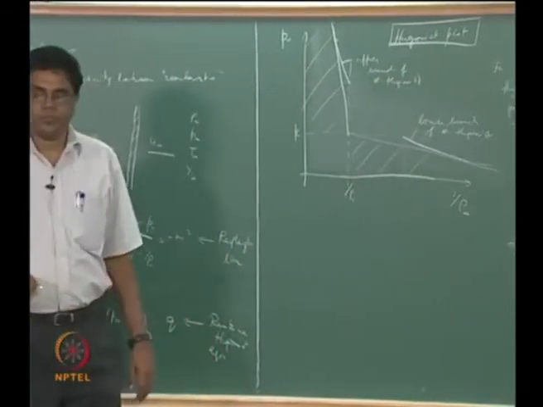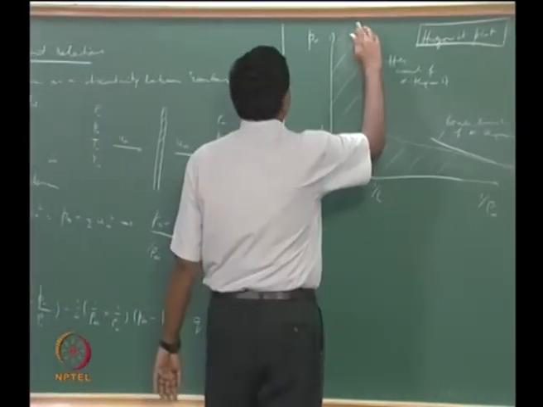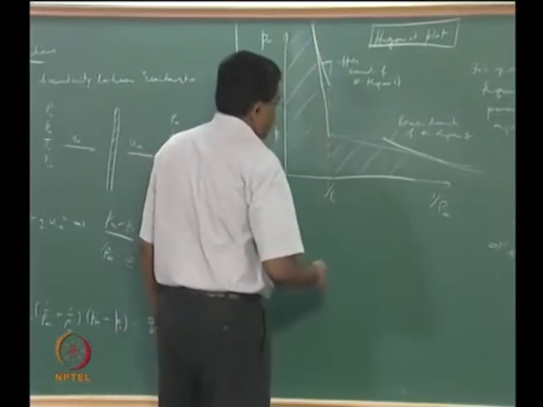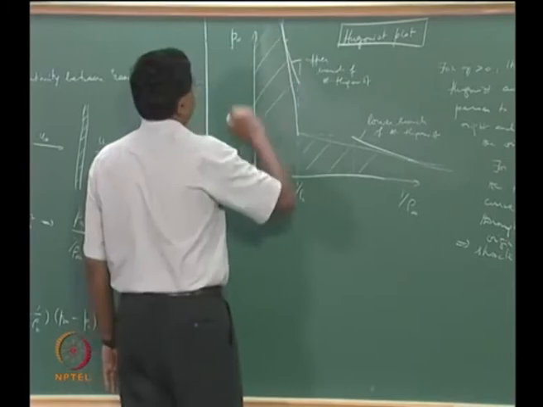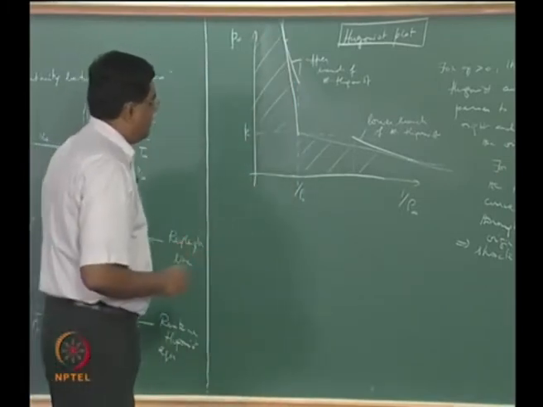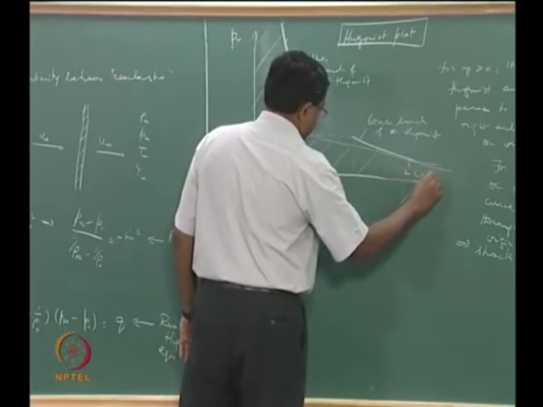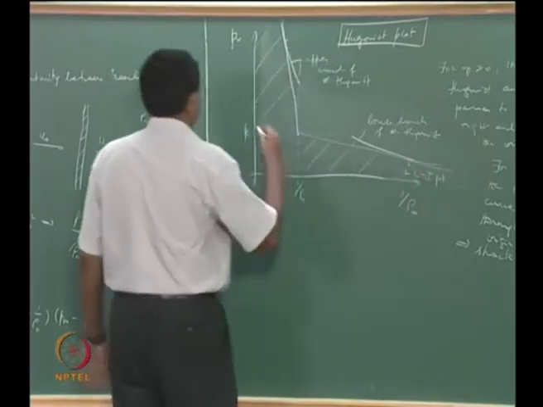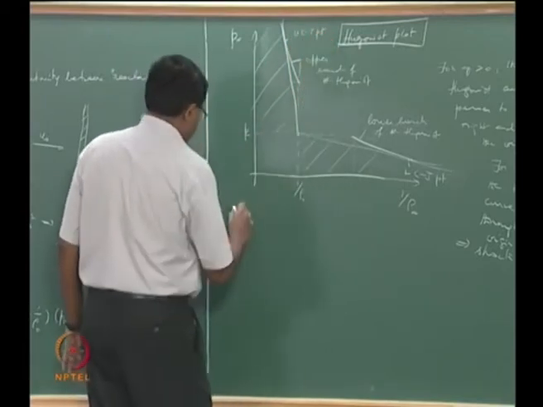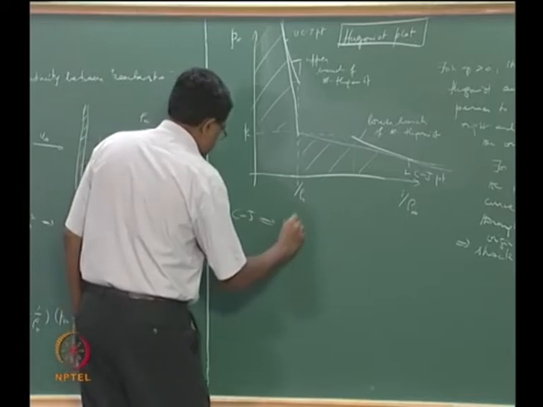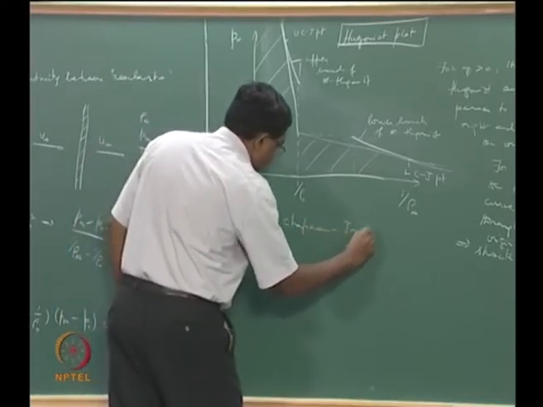And we want to call the points where the tangent Rayleigh lines intersect the LCJ point, and this is the UCJ point. CJ stands for Chapman-Jouguet, right.